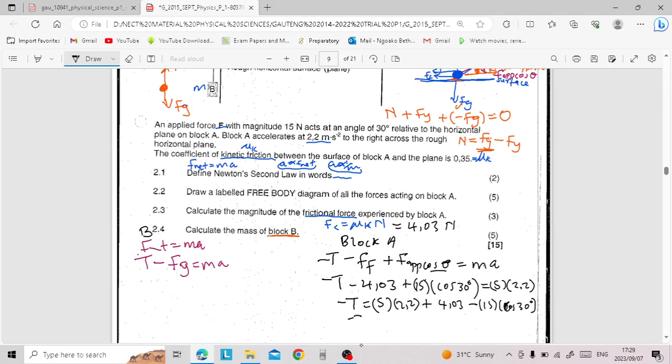Then minus T equals, pressing the calculator, 5 into 2.2 plus 4.03 minus 15 multiplied by cos of 30.